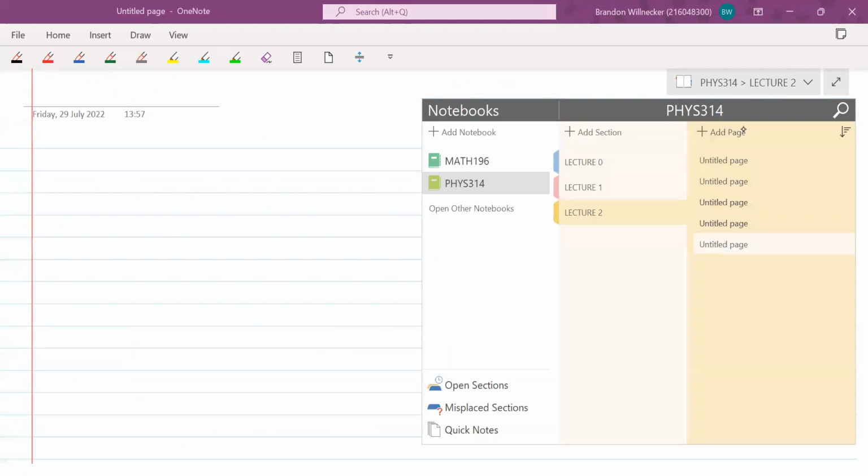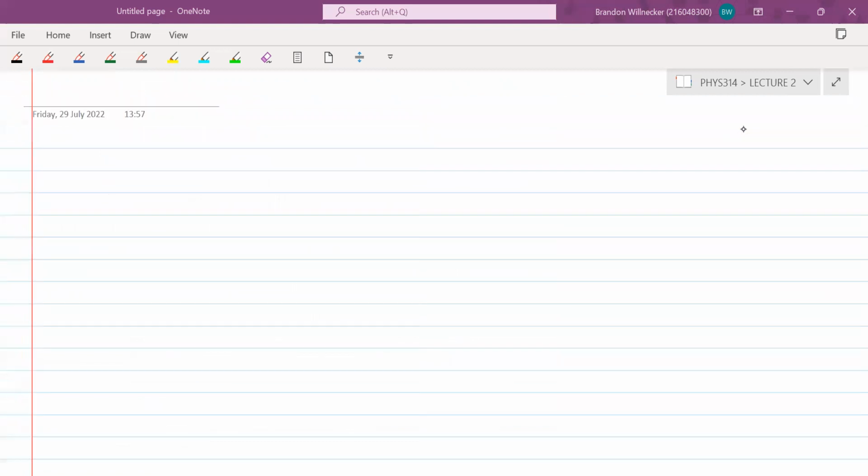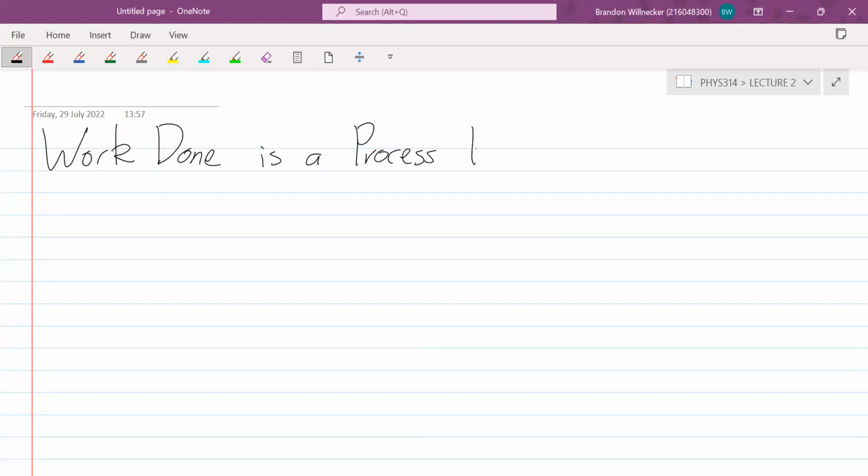Okay, let's have a look at the last section for today. Work done is a process function. So pressure, volume, temperature, internal energy, all of those are state functions.